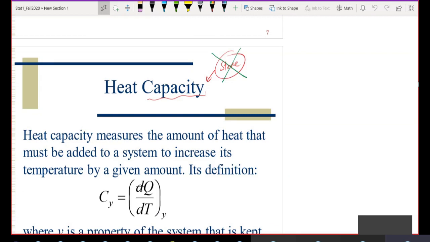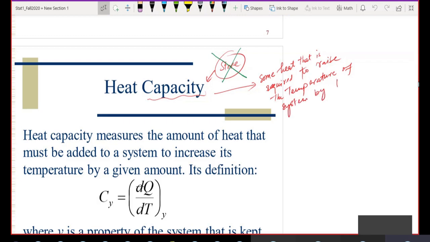In layman's terms, for ordinary people, you would say that it is some heat that is required to raise the temperature of a system by 1 degree. 1 degree can be Celsius or Kelvin, but 1 degree is the general definition.